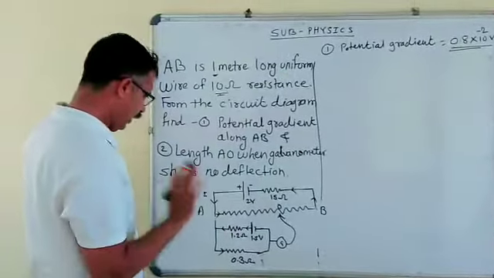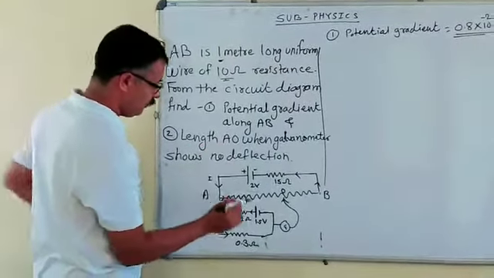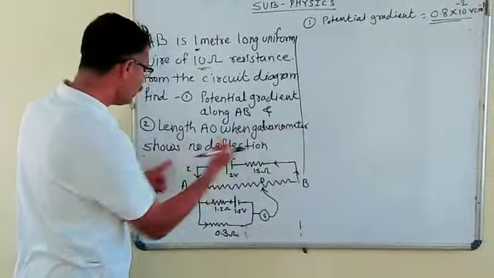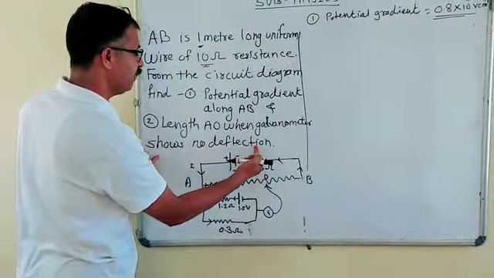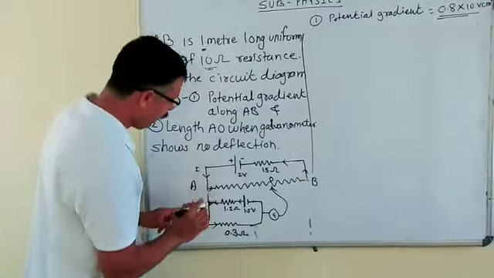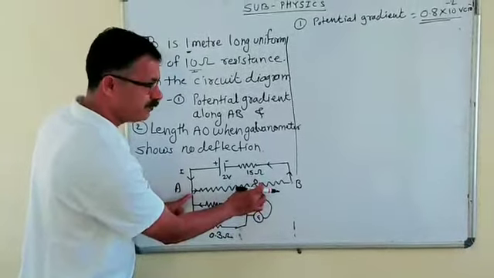Now, next point: determine the length AO when the galvanometer shows no deflection. Friends, please keep in mind very well. Actually, we would like to find out this length AO.